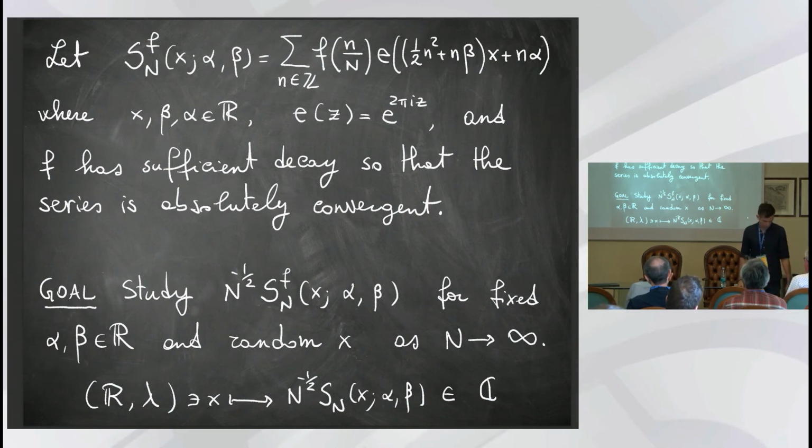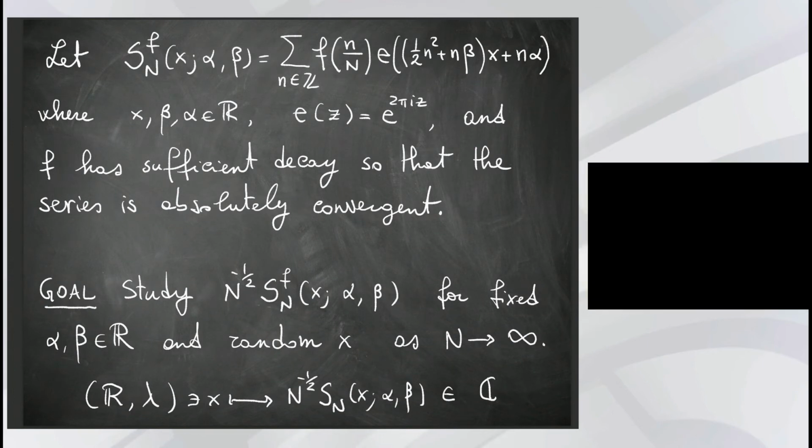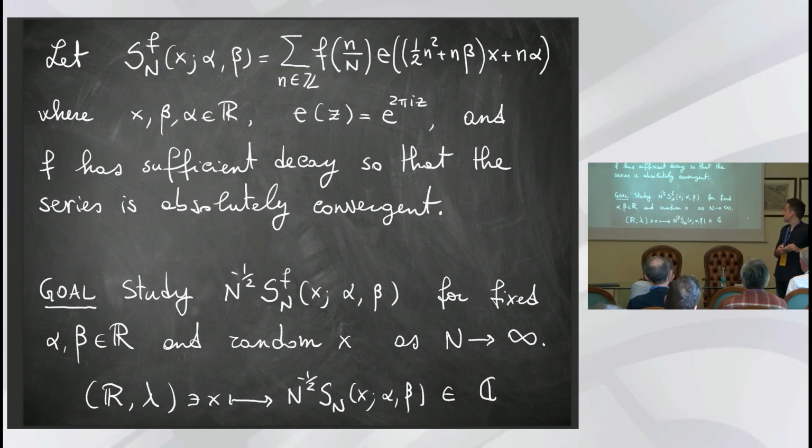Maybe I should say a few words about why we should care about these particular sums. I didn't prepare a slide for the motivation, so I'll just tell you. They appear naturally if you study certain problems in quantum mechanics, for example.